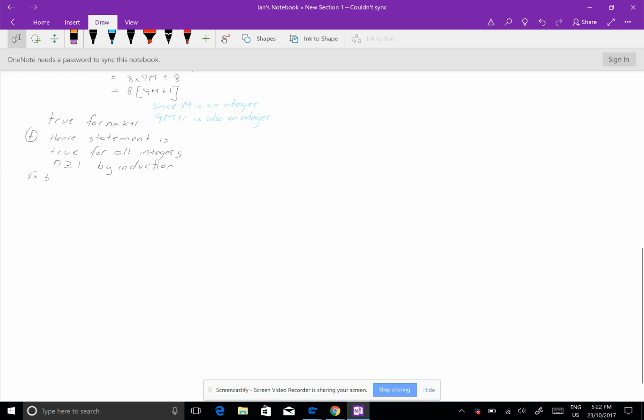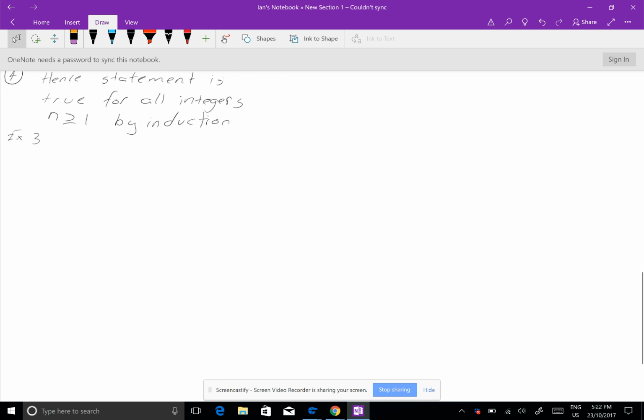So example number 3. What I've got to do, I've got to prove that x to the n minus 1 is divisible by x minus 1. Same steps.